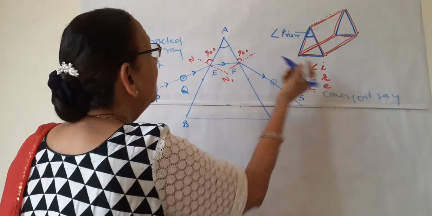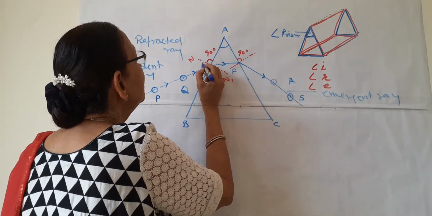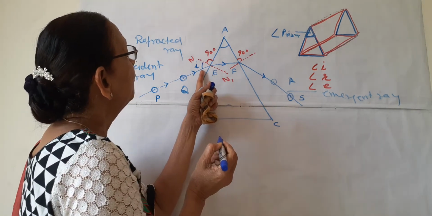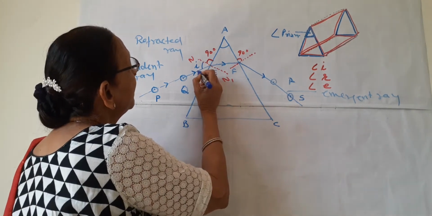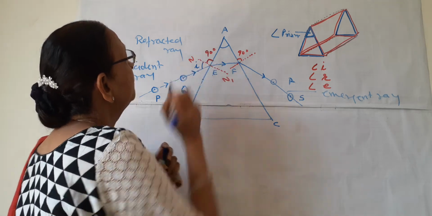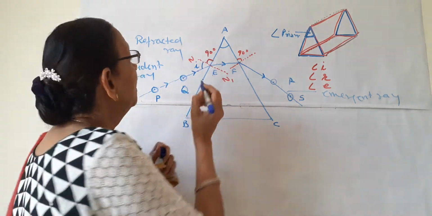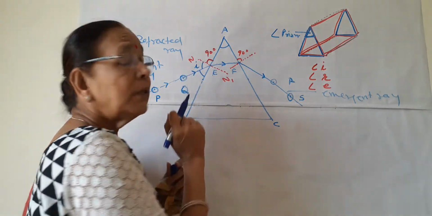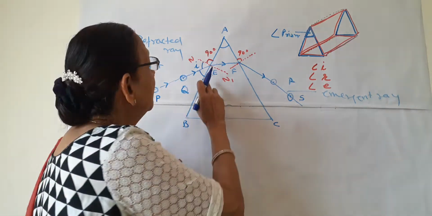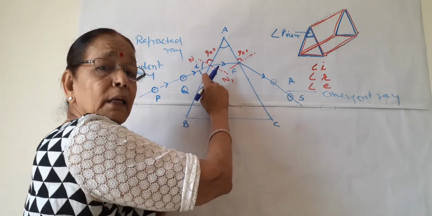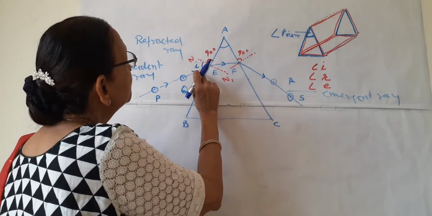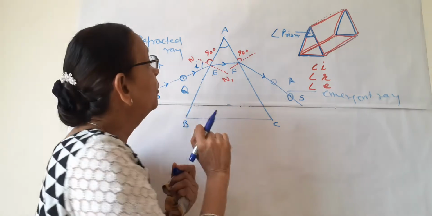So what will be the angle of emergence? This angle between this ray and the normal is the angle of emergence. Here also there is an angle, but this is not the angle of incidence. It is touching this interface. No, this is wrong. The angle is between ray and normal.